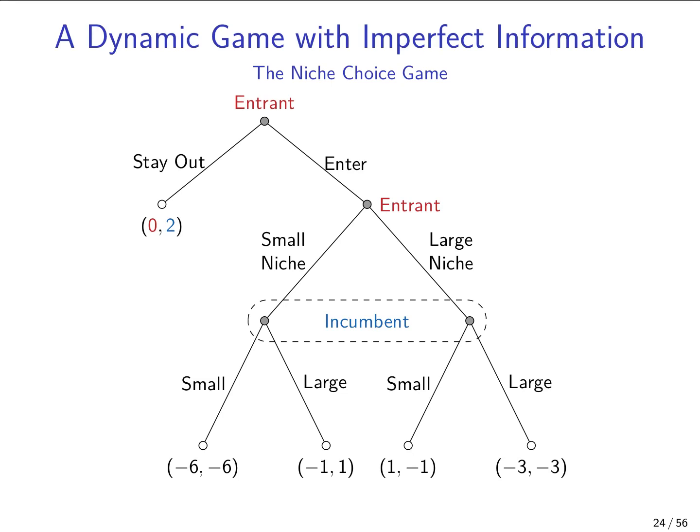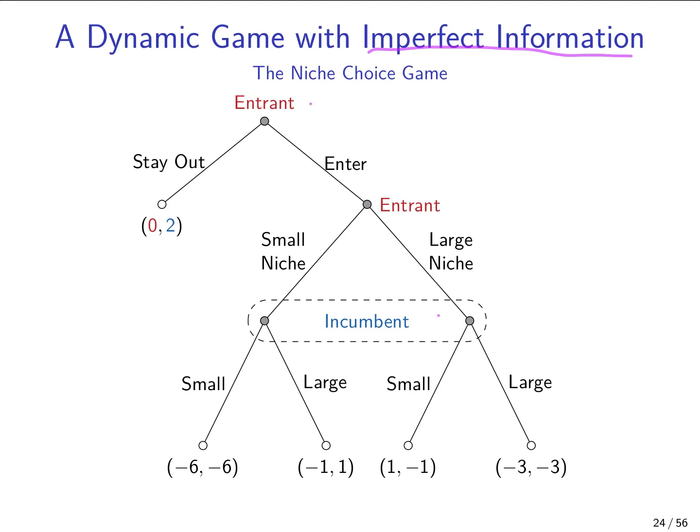Now, again, without perfect information, that would be a game with imperfect information. Okay, so here is one example where we have a potential entrant into a market, and we have an incumbent. Right? So there's an incumbent already there in a particular market, and there's another firm that could decide whether to enter the market or not.